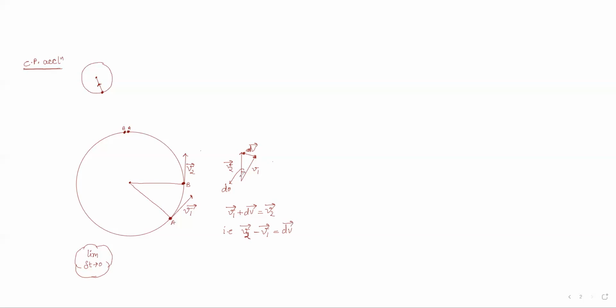So if we analyze this situation with the consideration that d theta is infinitesimally small, that itself means that the point A and the point B are closest.